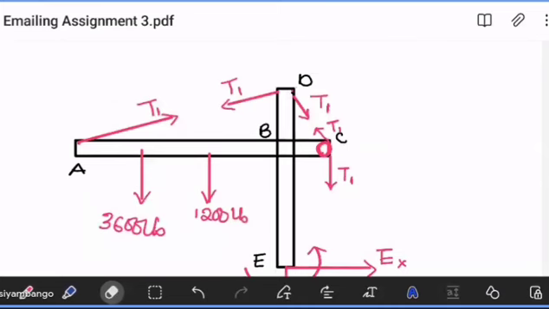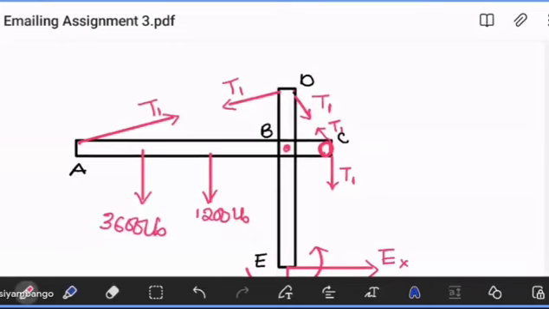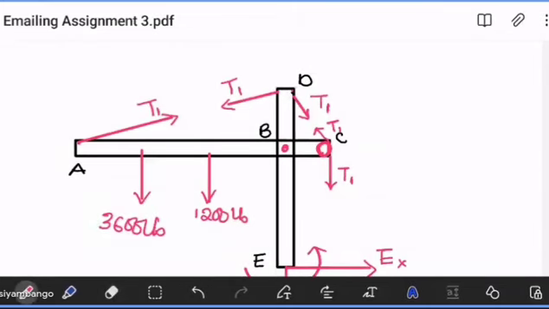It might be a pin, it might be a fixed connection, but wherever we have a connection, we will have forces here and there being present.